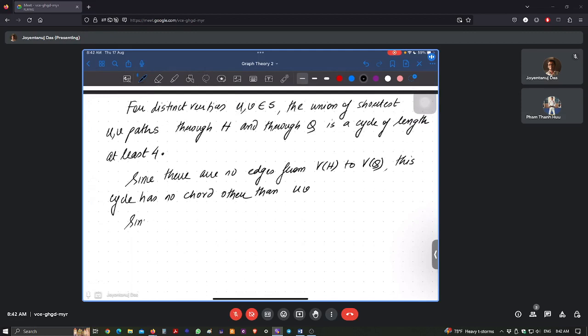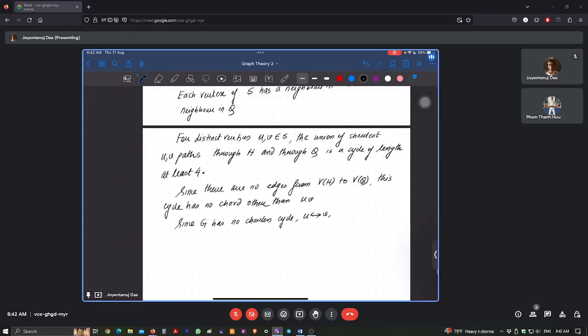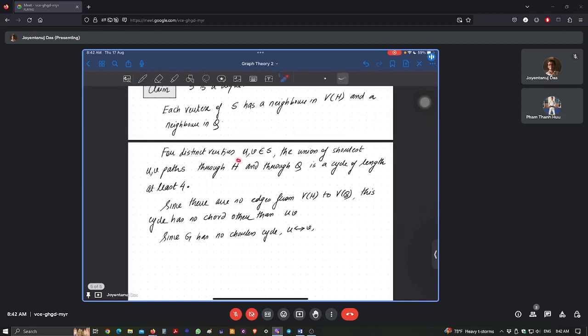Since there is no chordless cycle, U is adjacent to V, and since we have taken any two arbitrary vertices from S, we have proved that any two vertices are adjacent.